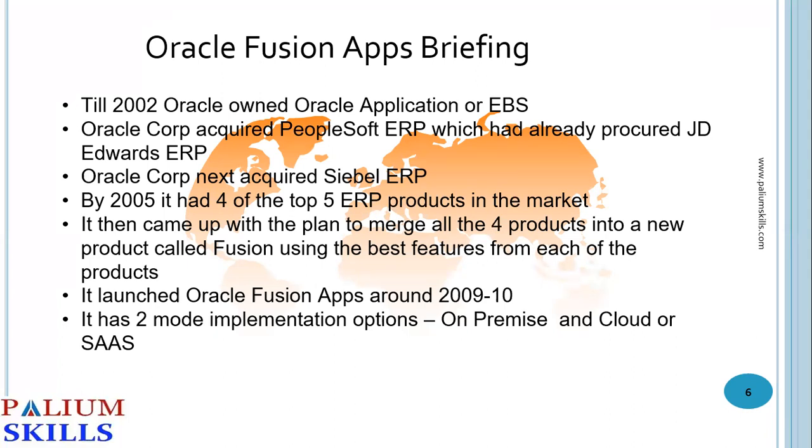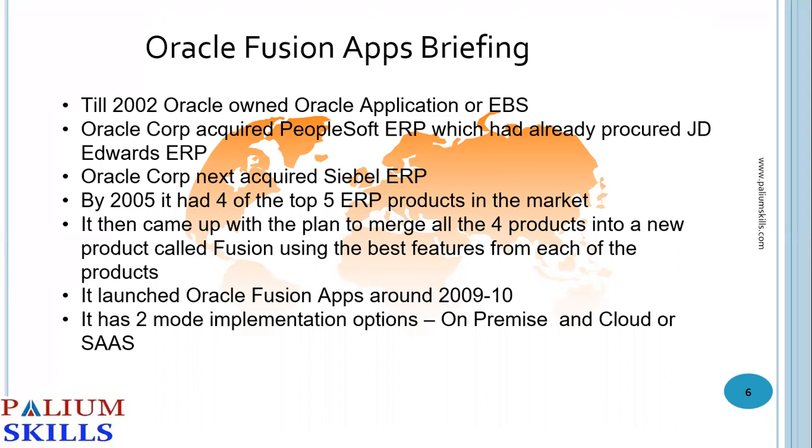Before that, PeopleSoft had already acquired JD Edwards. So when Oracle acquired PeopleSoft, it got PeopleSoft and JD Edwards. And subsequently, Oracle acquired Siebel ERP also. And by 2005, it had 4 of the 5 top ERP products of the market.